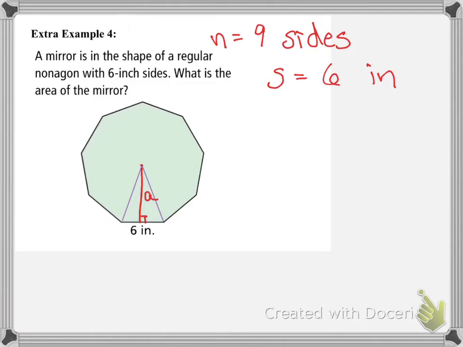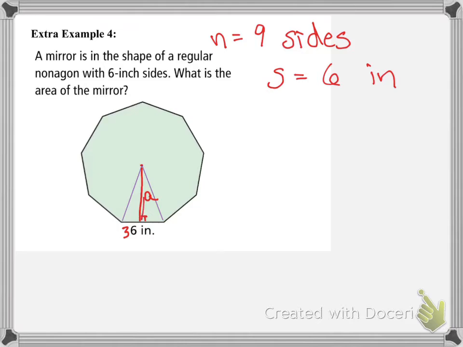To find that, we need to use some of our triangle stuff, because I know the length of this side is 6, and I also know half of it is 3. I know this little piece is 3, and that's all I know. So now I need to find everything else.